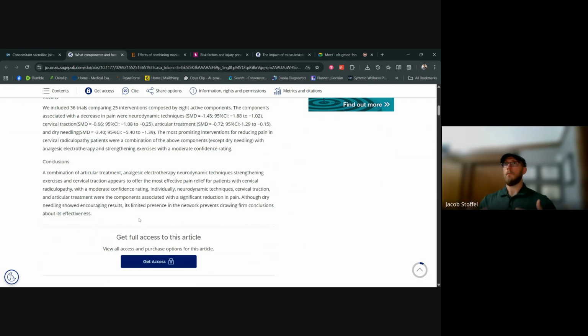Basically, more studies need to be done to back up the first sights as to what it's doing. So first impressions, basically. Initial impressions from this meta-analysis is, hey, dry needling could be something useful like the rest of these things. We just want more evidence so that we can confidently say it, at least from a systematic review standpoint.